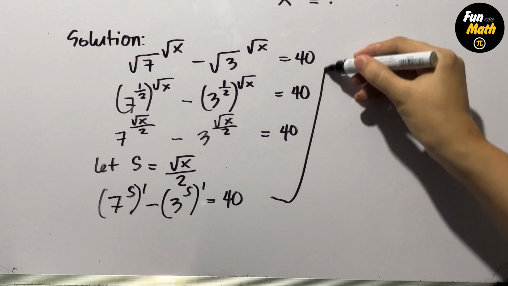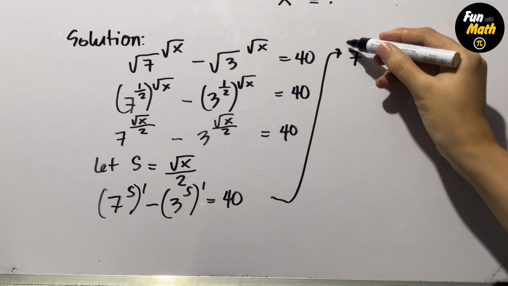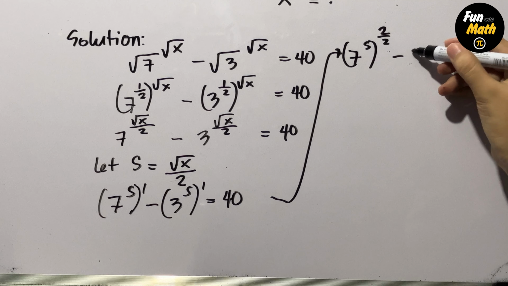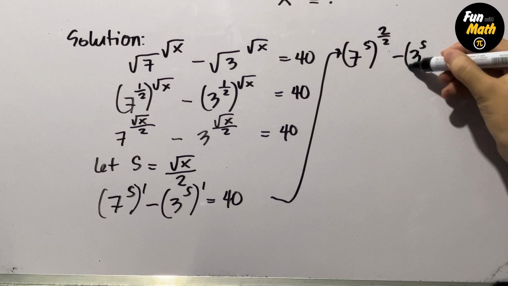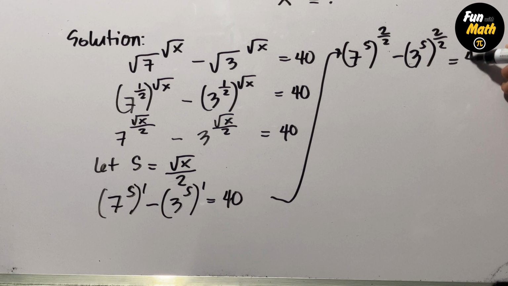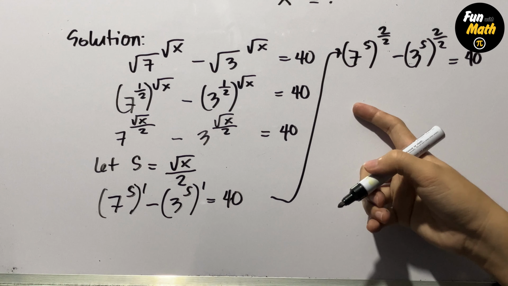So this is now 7 to the power of s whole to the power of 2 over 2 minus 3 to the power of s whole to the power of 2 over 2 equals 40. And next, we need to follow this rule.